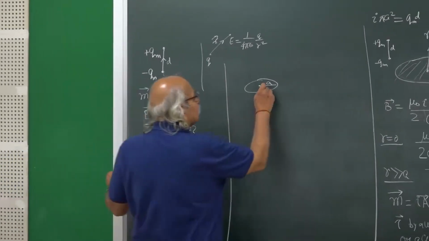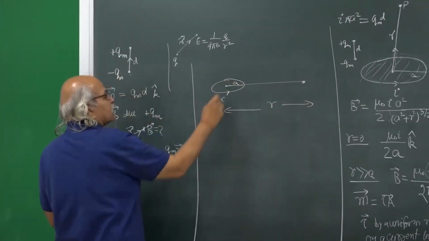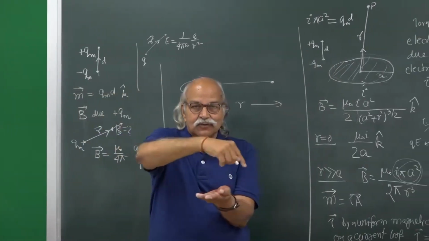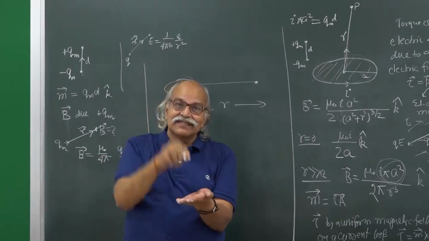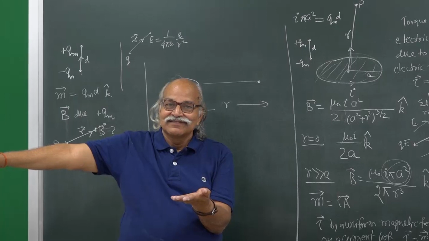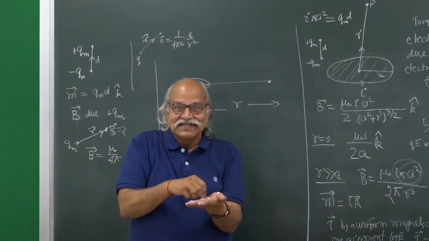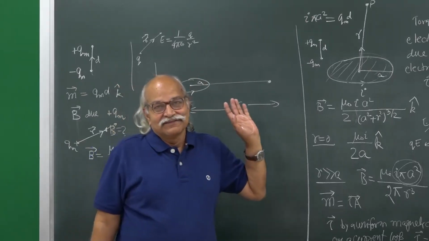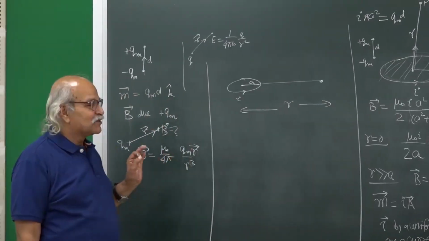In the plane of the current loop here, this is r, large as compared to a. So, I have a circular current loop, and then I am asking for the magnetic field not on the axis, but in the plane at a large distance. Now, if you use the Biot-Savart law to calculate the field, the integrations will be fantastic integrations and only computers will be able to solve it.